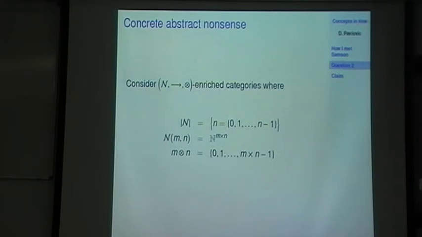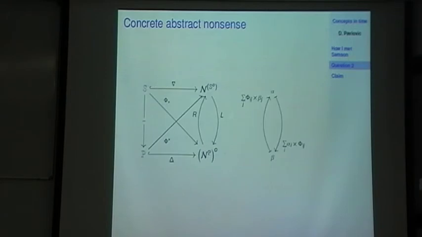And so N-enriched categories, you can think of as a category, except that it has Hom sets, but a morphism is not an element of the Hom set, it's a bag from the Hom set. So it's a set of morphisms with multiplicities, and then you compose them by matrix composition.